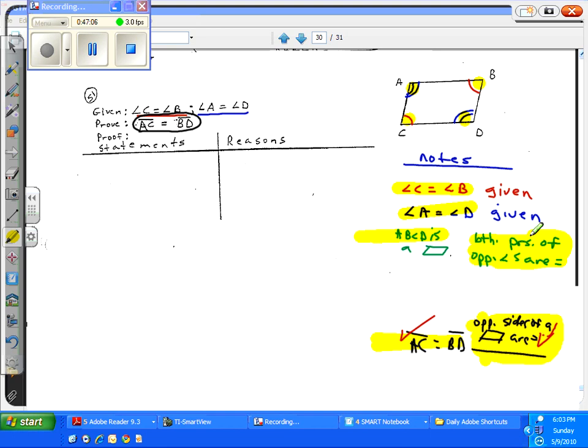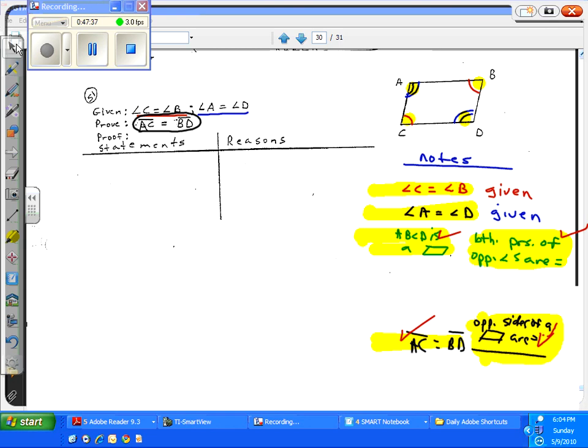This reason needed this statement to say that it's a parallelogram, and it needed these statements that say, yes, those angles are equal. So we need these three statements to justify that reason. That reason is justified, and once it's justified, then its statement is justified along with it. And so this is good stuff here.